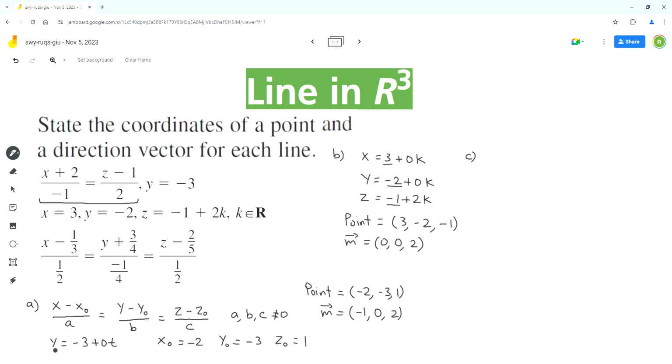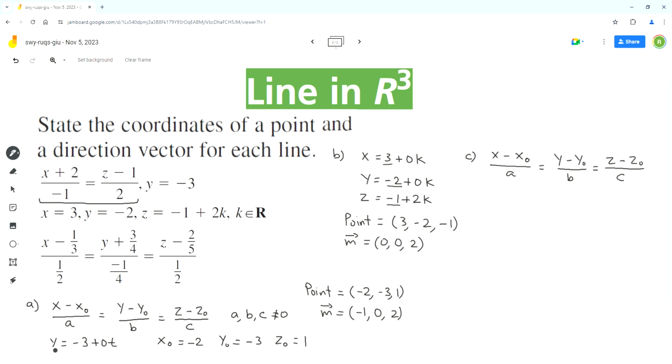Now we can analyze part C. In part C, we are given the equation in symmetric form. So we can start by writing the general equation of a line in R3 in symmetric form. In this general equation, x0, y0 and z0 represent the components of the position vector of a known point on this line.